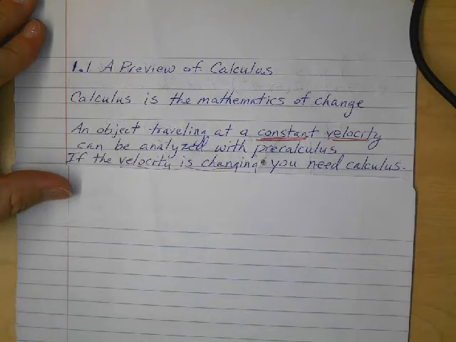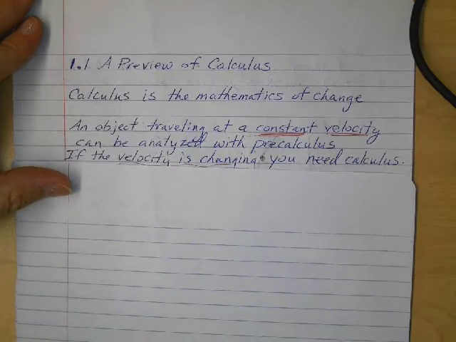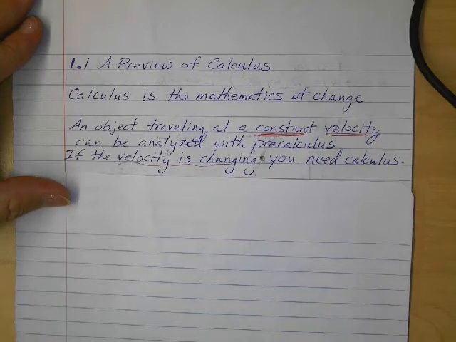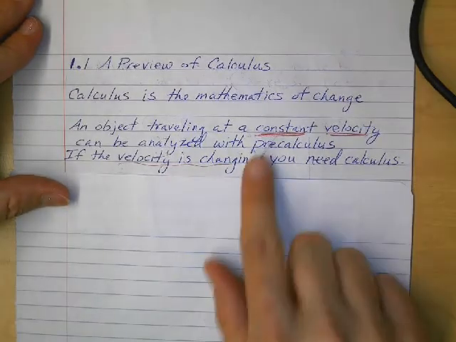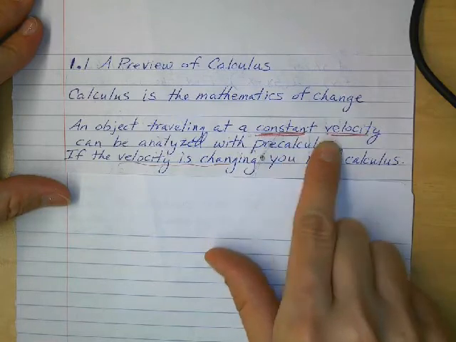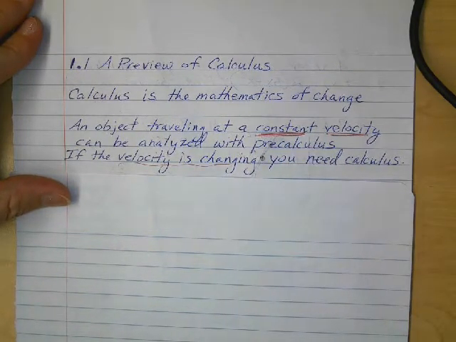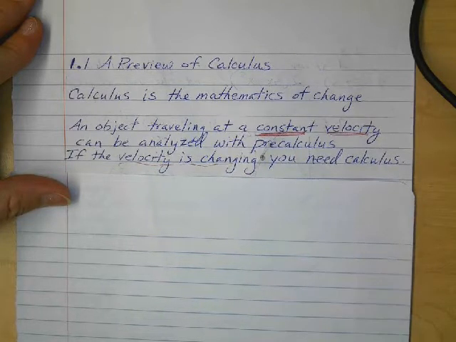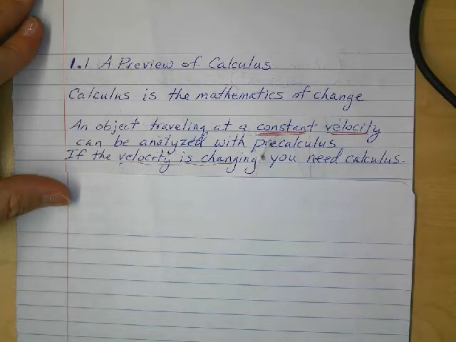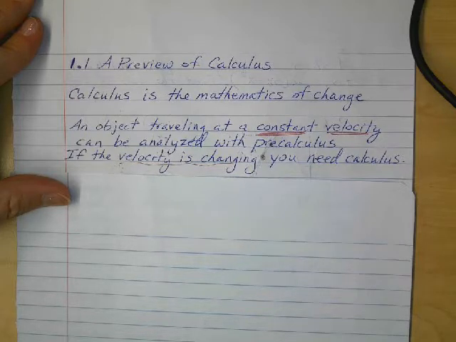But if the velocity is changing, you need calculus to do the problem. So that's some keywords to look for when you look at story problem stuff. Look for constant velocity. That would be a pre-calculus concept. But if the velocity is changing, you'll need calculus to solve.